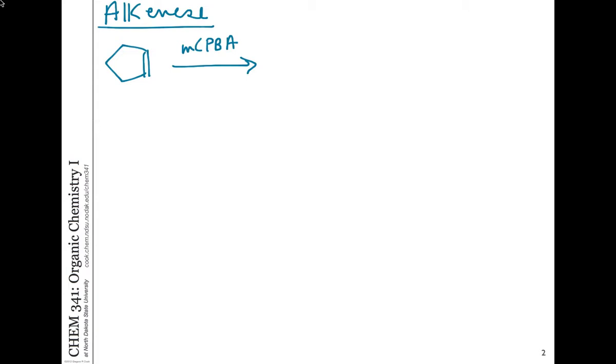It stands for metachloroperbenzoic acid. Not that you have to know the structure, but this is the structure. Metachloroperbenzoic acid is an oxidant, and it transfers an oxygen to a double bond. As a matter of fact, it transfers specifically this oxygen to the double bond.